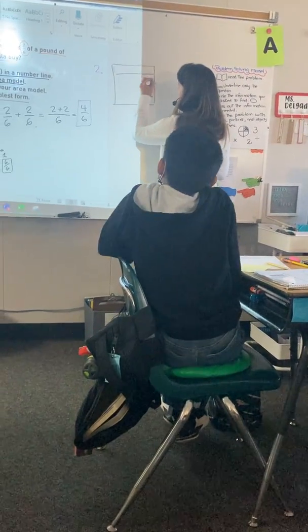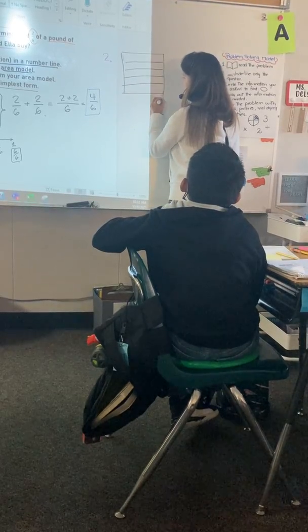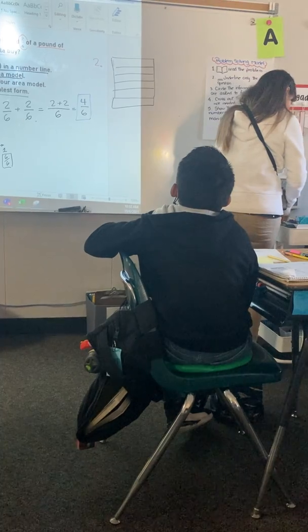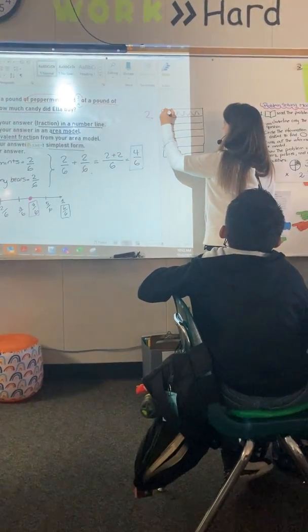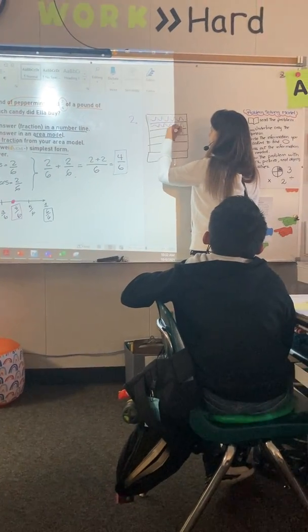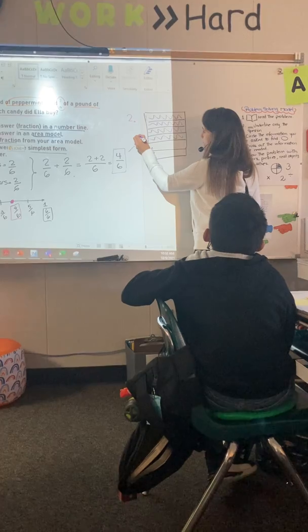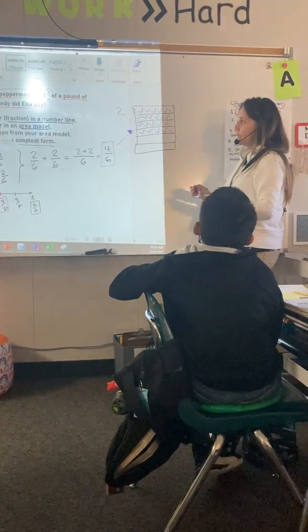So 1, 2, 3, 4, 5, and 6. So how many shaded parts are going to be in that square? 4. Excellent. So 1, 2, 3, and 4. So is this the same as this? Yes. So question number 2 is done.